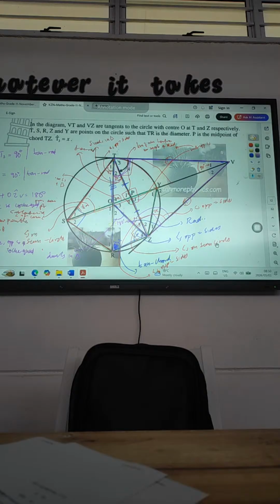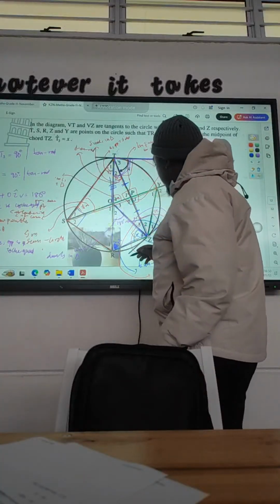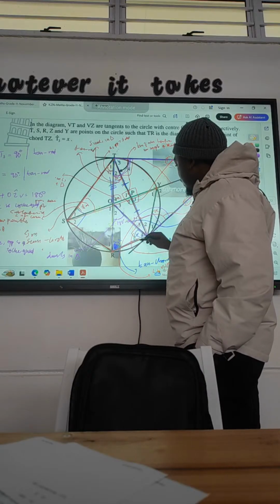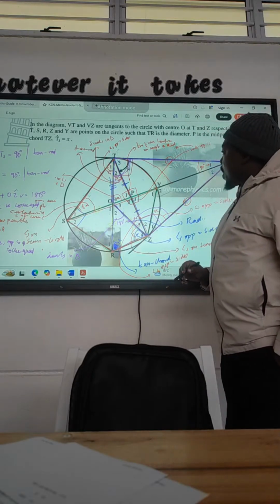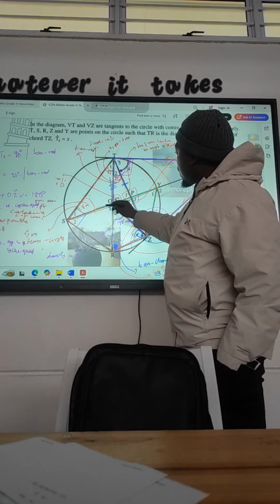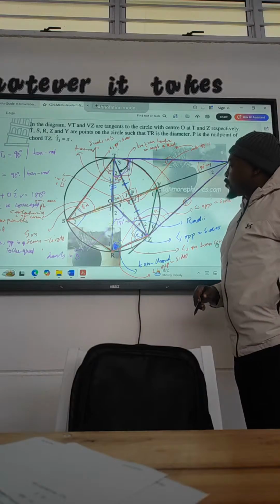RZ is parallel to SY. We need to prove if they are parallel.